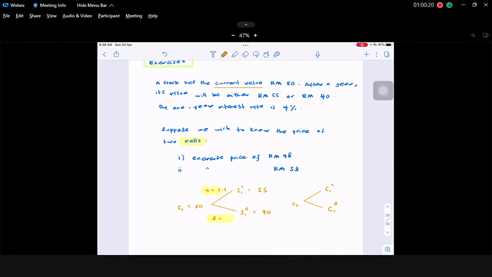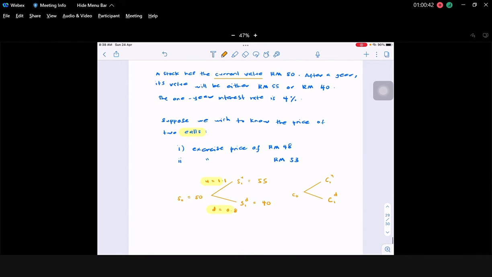So just S1U divided by S0, so kita akan dapat 1.1. So D, of course 40 over 50, 0.8 lah. Kan, so first thing first awak nak kena determine U dan D untuk kita guna dalam formulation nanti.